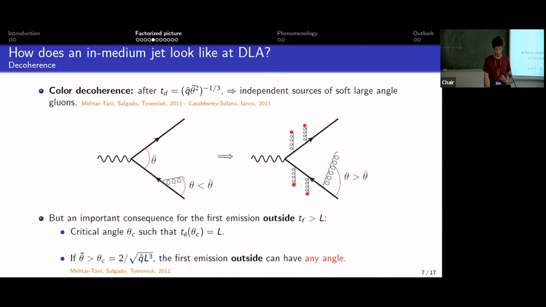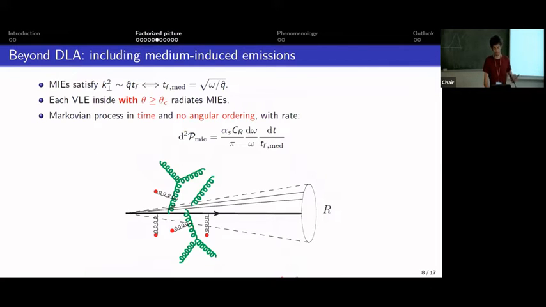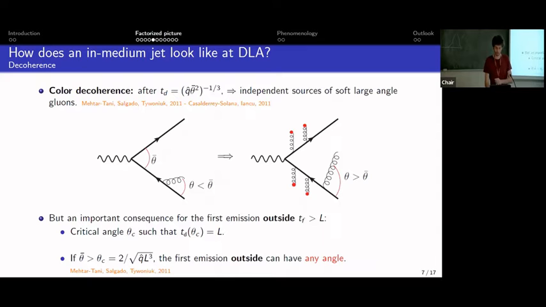All right, so this is basically what I had to say for vacuum-like emissions. At this stage, there is no energy loss because everything is angular ordered except for this first emission outside the medium, which is soft. So in principle, it shouldn't contribute that much to the energy loss by the jet.